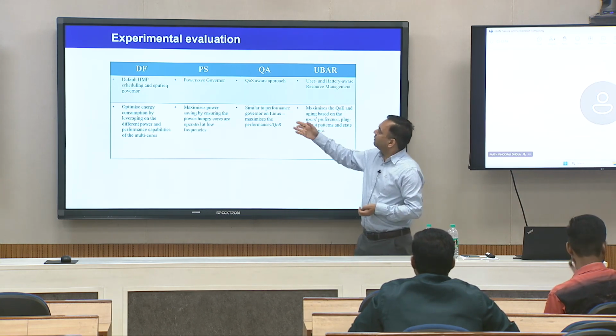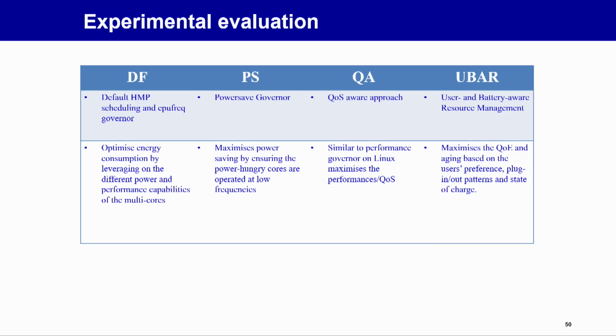In the phone, if you open the operating system, you can change the default, so we did change it. Another one is a quality aware approach, which means you always want the highest quality, which means you always want to run at the highest frequency. This is another existing approach, proposed in the literature. It's called user and battery aware resource management.